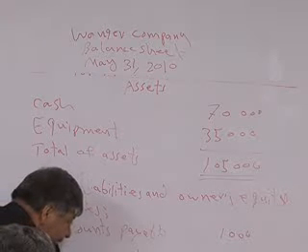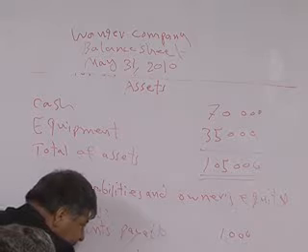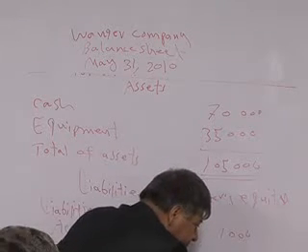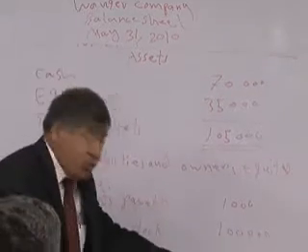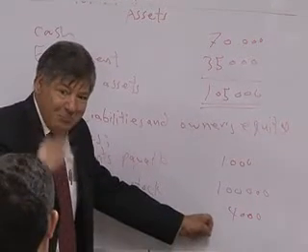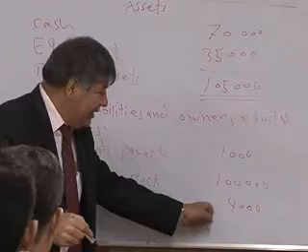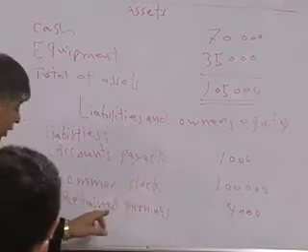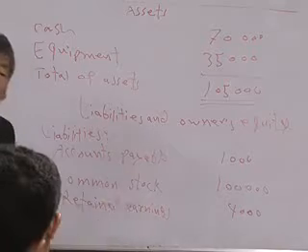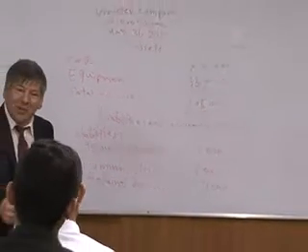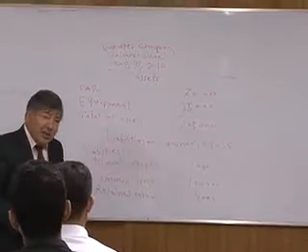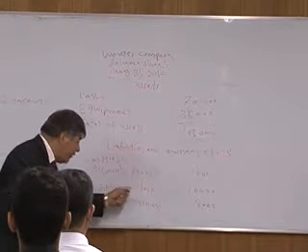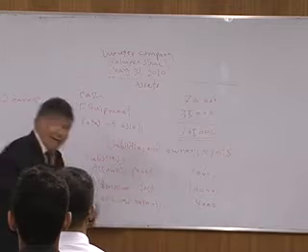Retained earnings, 4,000. I took this number from the income statement. The two accounts, common stock and retained earnings, constitute owner's equity. Owner's equity contains two accounts: number one, common stock; number two, retained earnings.